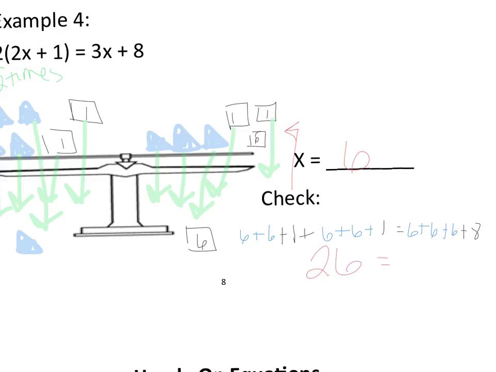And now let's check the right. 6 plus 6 is 12, plus 6 is 18, plus 8 is 26. So we know that our answer of 6 is correct.